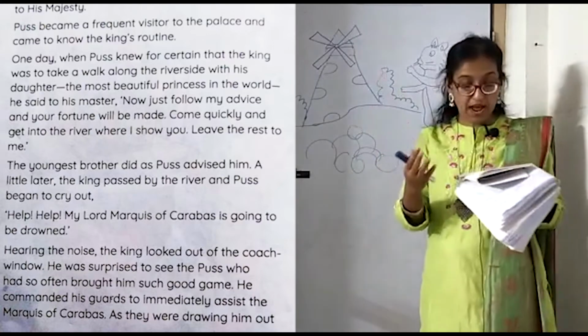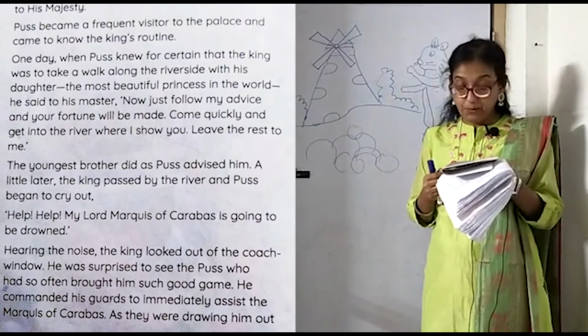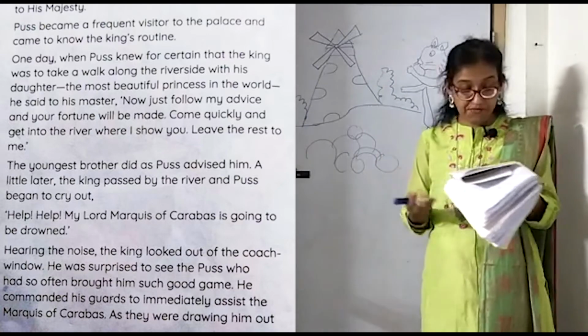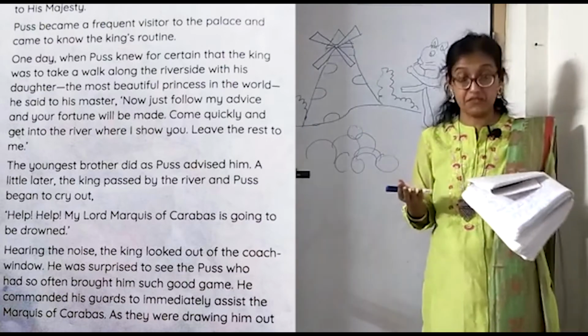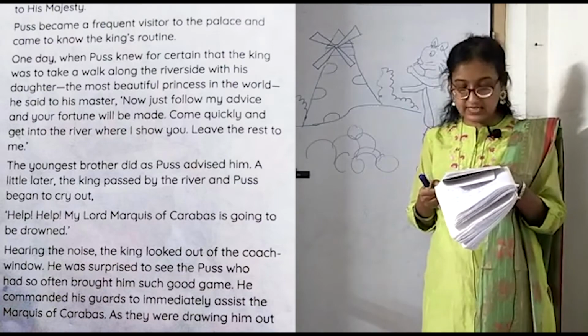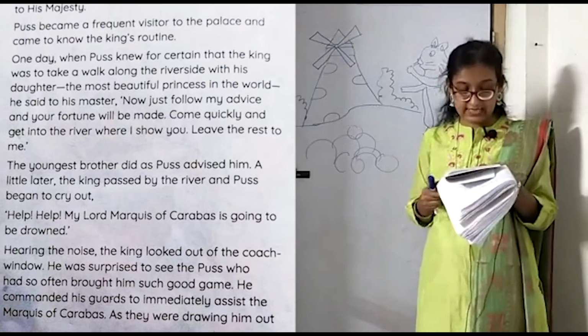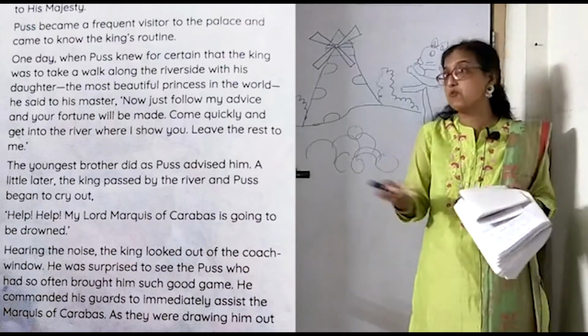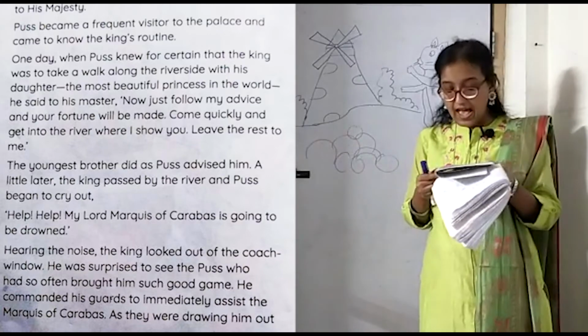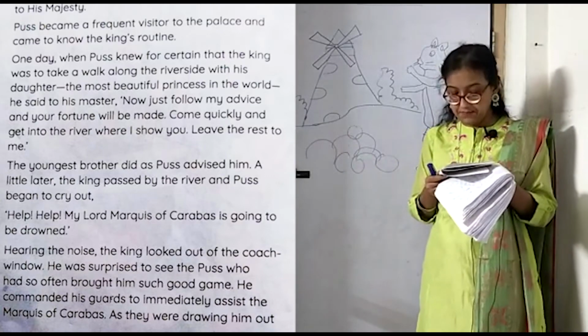He was surprised to see Puss, who had so often brought him such good game, that is gifts. He commanded his guards to immediately assist the Marquis of Carabas because he had earlier sent so many beautiful gifts to the king.